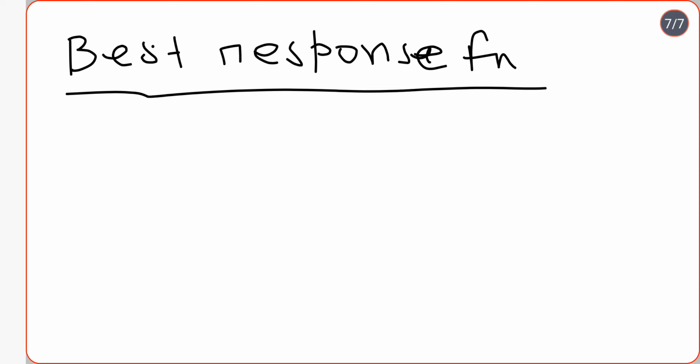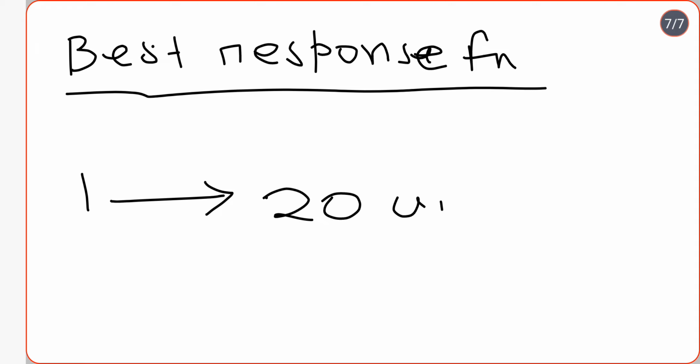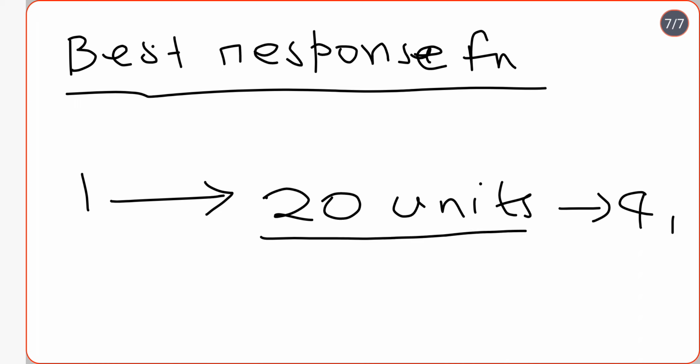I mean to say, suppose farm 1 chooses how much of their product they want to produce. Suppose they want to produce 20 units.